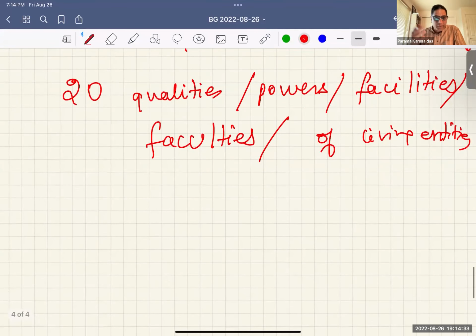And by these powers, by these faculties, by these facilities that you have given me, can I still not know you? And Lord Krishna says, no, you still cannot know me.